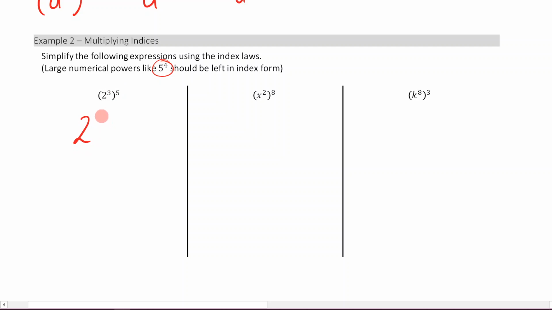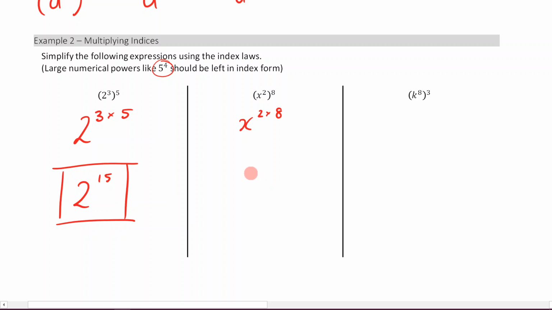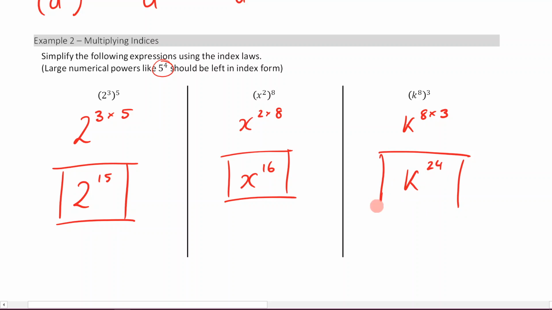So this is going to be 2 to the 3 times 5, which is going to be 15. Here, we're going to go x to the 2 times 8, which is going to be x to the 16. Here, this is going to be k to the 8 times 3, which is going to be k to the 24. So we're just multiplying our powers.